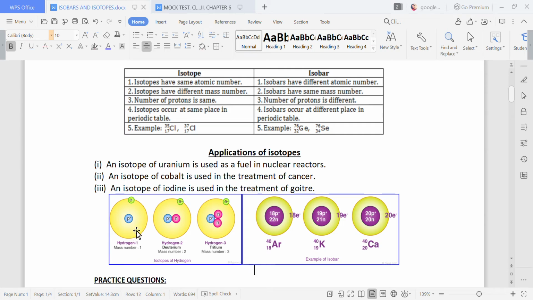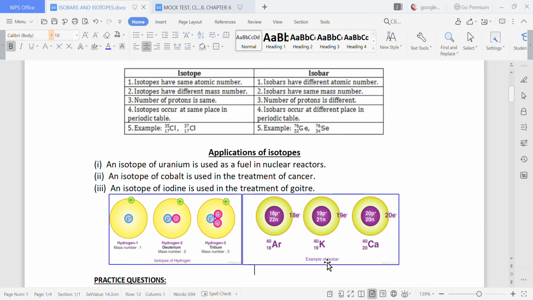We have done this. So the atomic number is the same in all three because all three have the same number of protons, that is 1, 1 and 1. So what is differing here is the mass number. Now why is the mass number differing? Because the number of neutrons is different in all of them. Okay, so this is how the isotopes of hydrogen have been depicted.